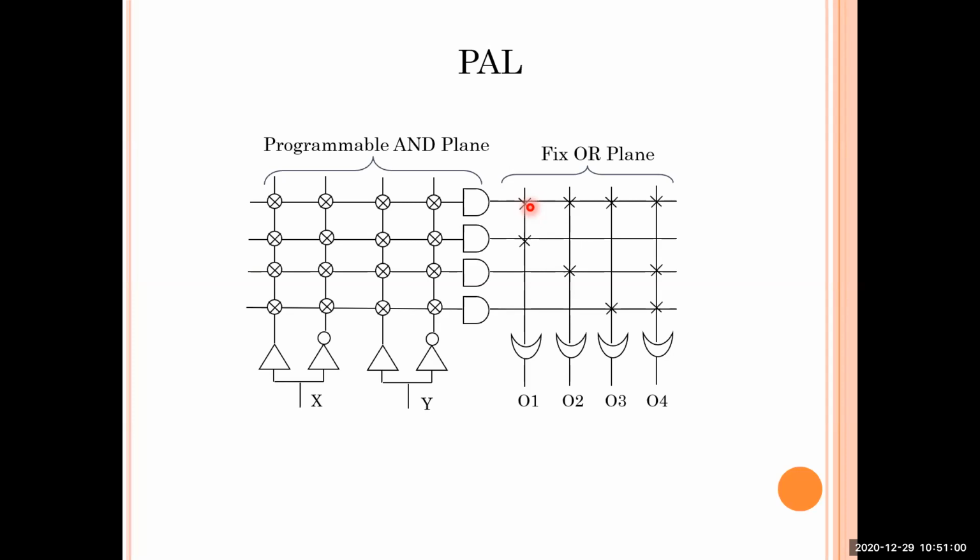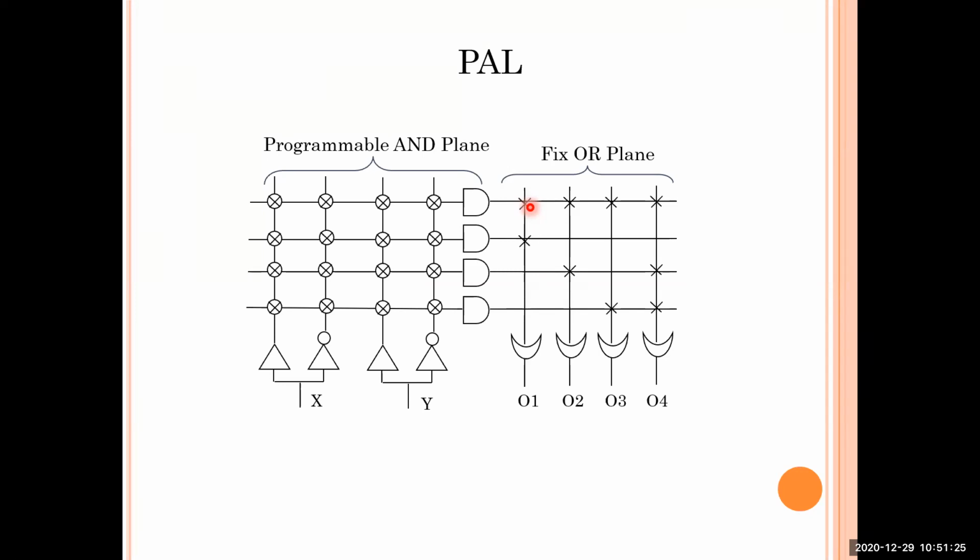But in the PAL, one set of plane is completely fixed, so you're not programming that one. Then the number of instructions given to the PAL is reduced, and the speed of the PAL increases compared to the PLA. That is how it is different from the PLA.